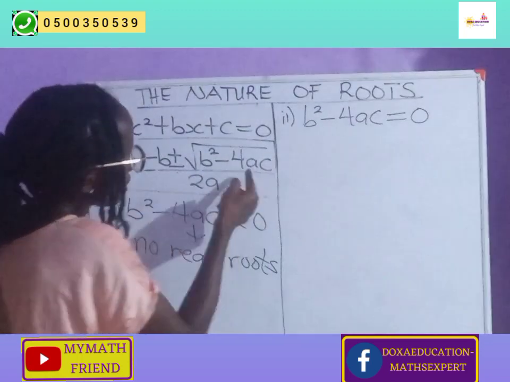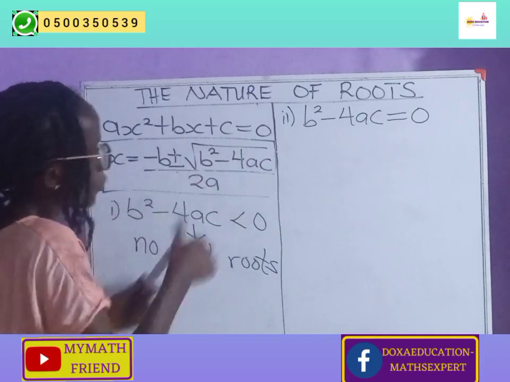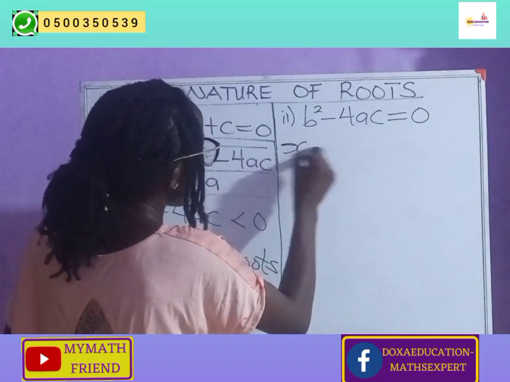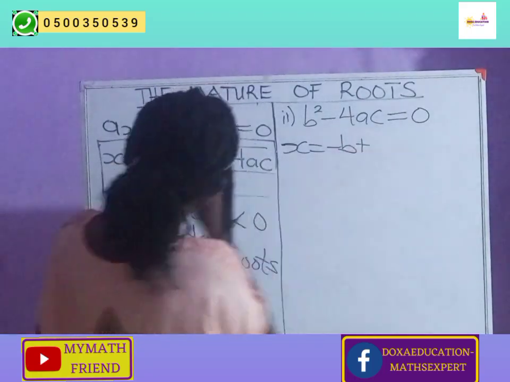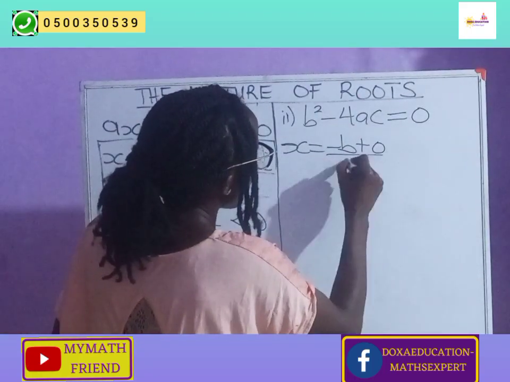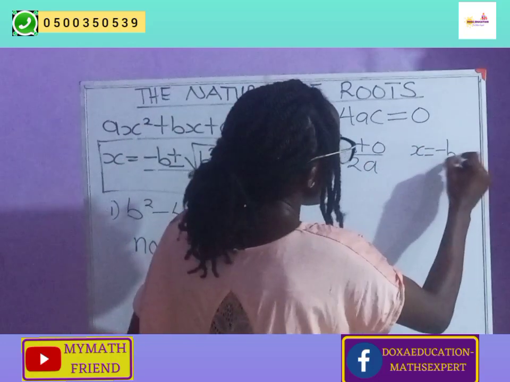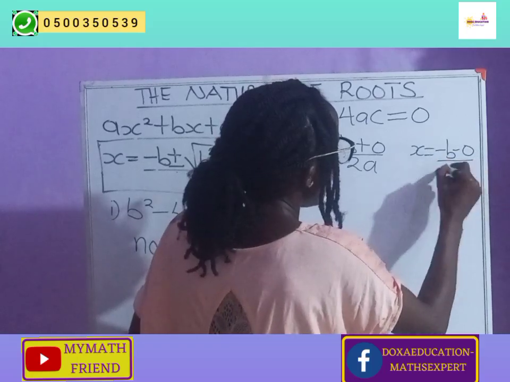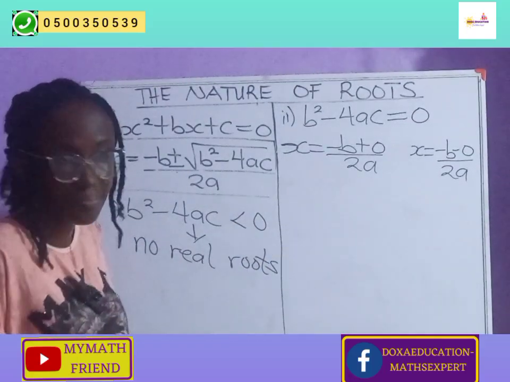Substituting 0 inside the square root, x is equal to negative b plus 0 over 2a, and x is equal to minus b minus 0 over 2a. This is how your two roots will be.